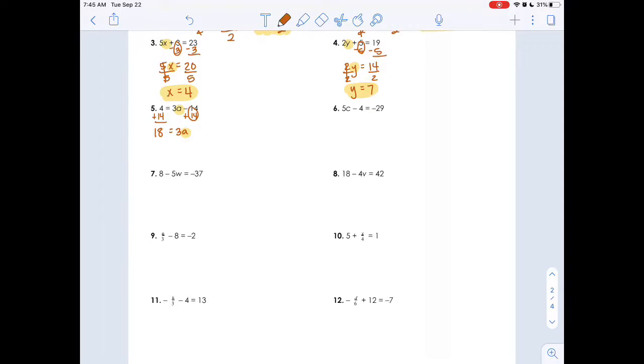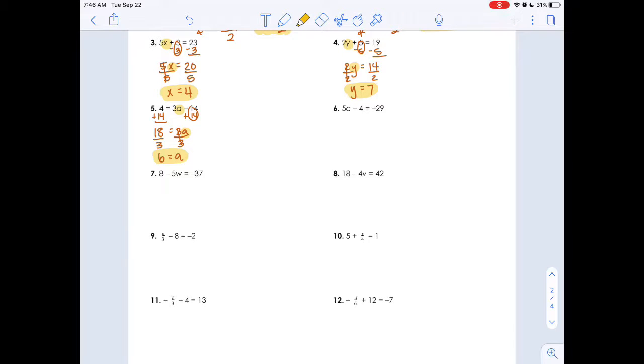In order to get this a by itself, I'm going to divide both sides by 3. 3 divided by 3 is 1, and 18 divided by 3 will give me my answer of 6, which is equal to a.